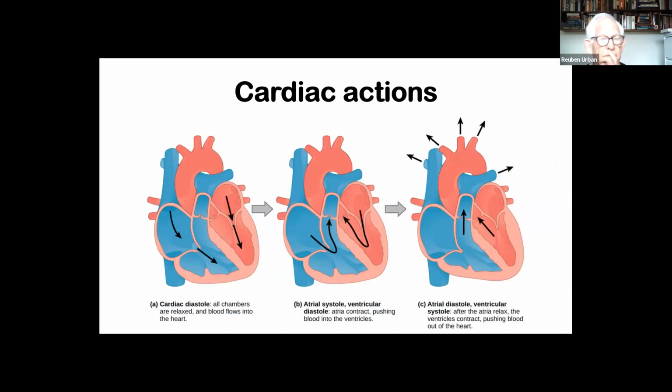Now, the right atrium has these valves here, and there are three parts. We call it the tricuspid valve, and it goes into the right ventricle. The reason for the color blue is that deoxygenated blood is always colored blue.